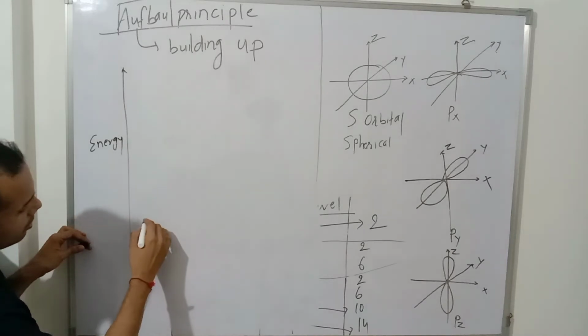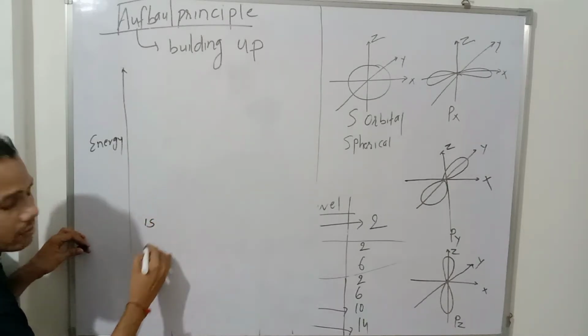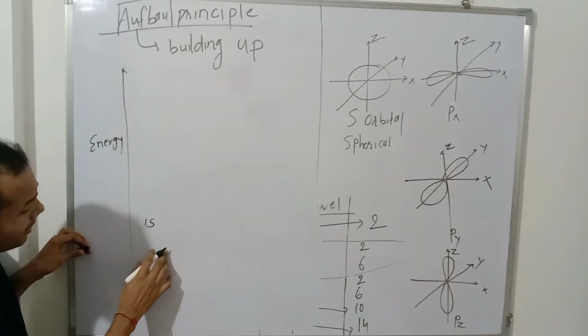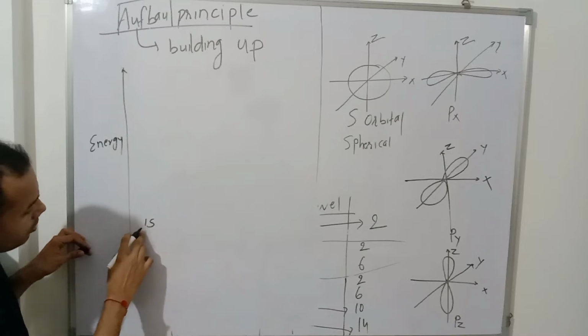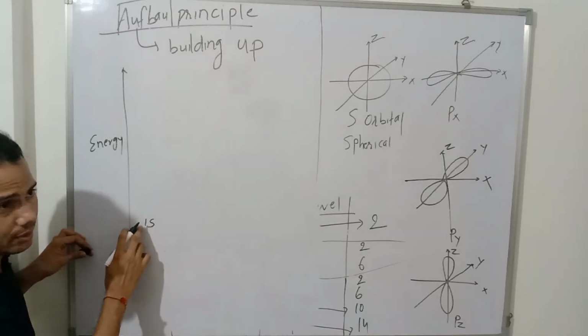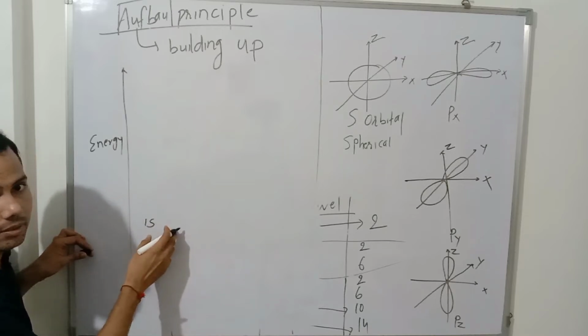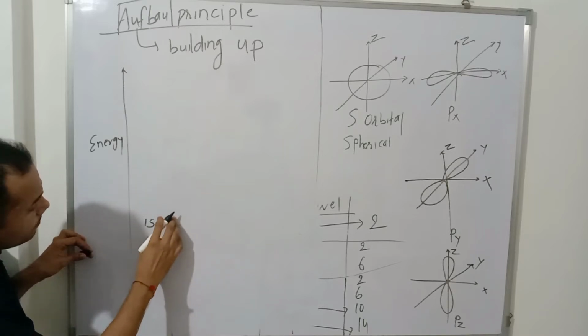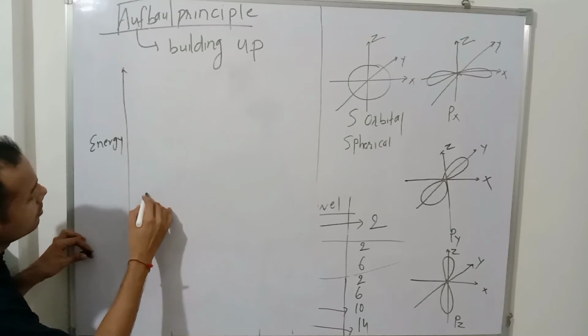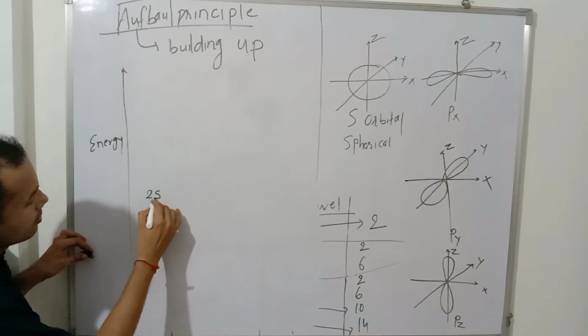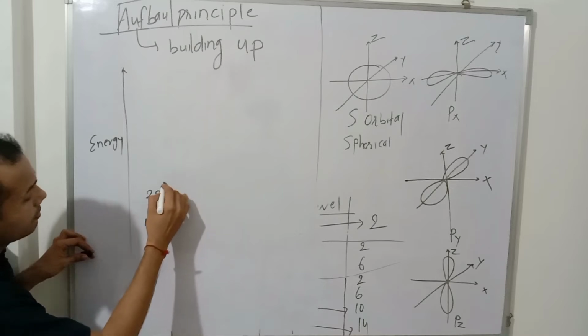Suppose that on the y-axis this is the energy. First you will get 1s. What is 1? 1 is your orbit, the main energy level, and s is the orbital or sublevel.